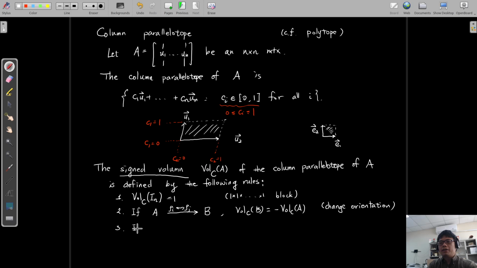Now the other two actions, we can apply another row operation to A, which is row i becomes row i multiplied by k. If you do this, then by the previous things, the volume of B is equal to k times the volume of A. And this is really just a rescale.